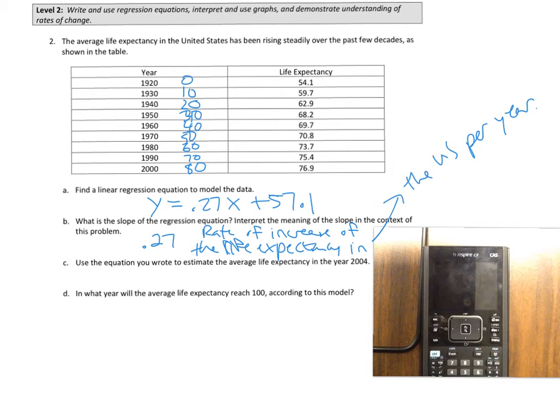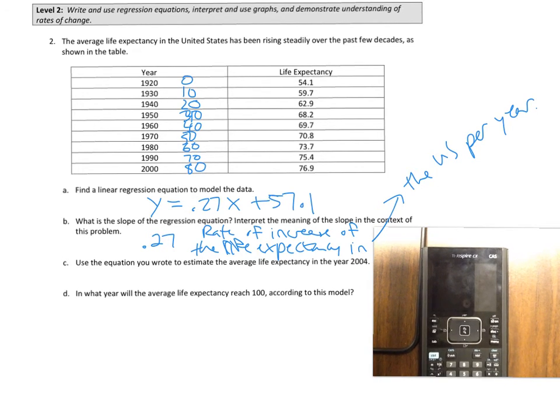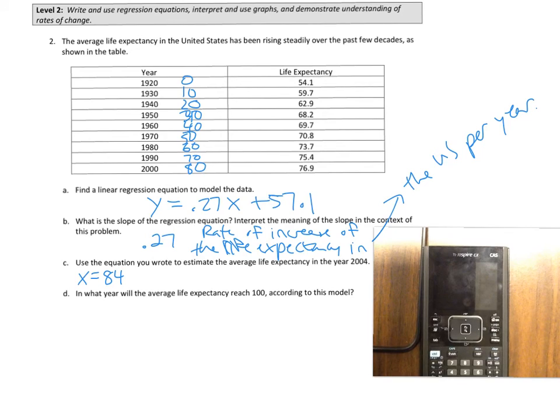Use the equation you wrote to estimate the average life expectancy in the year 2004. In the year 2004, we want to think how many years after 1920 that is, since we made 1920 year 0. That would be 84 years after 1920. So I'm going to use x equals 84, and I'm going to plug that into my equation.